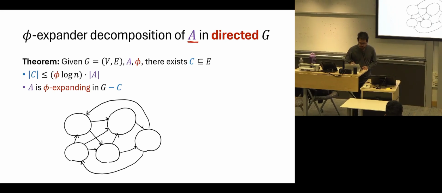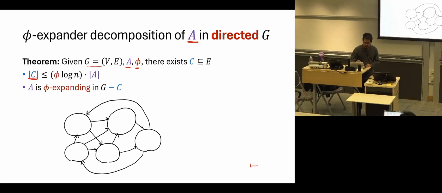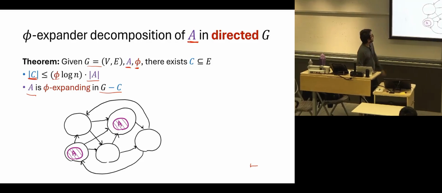Like you have a graph, you have a node weighting phi. You want to delete a set of edges C of size roughly phi times A, so that A is expanding after removing C. Okay, suppose that A is here.